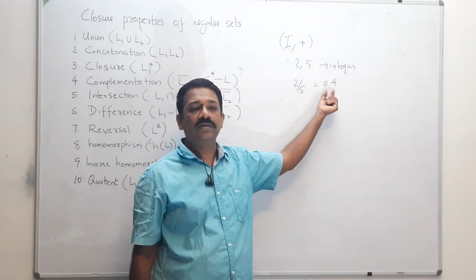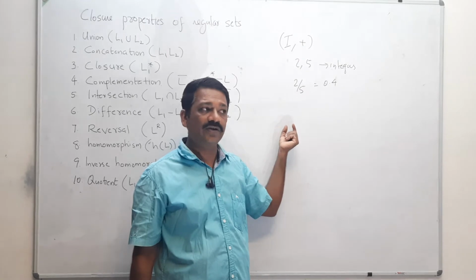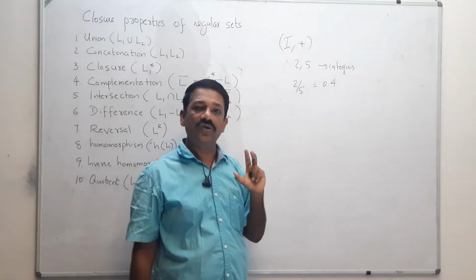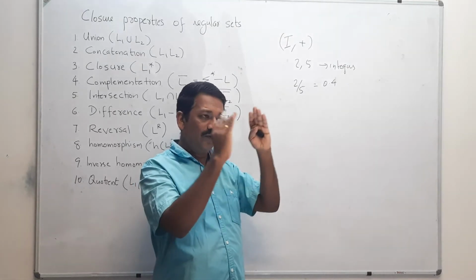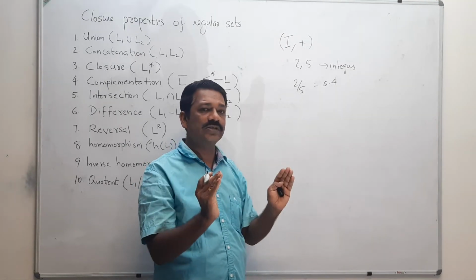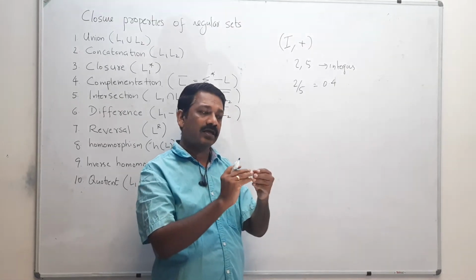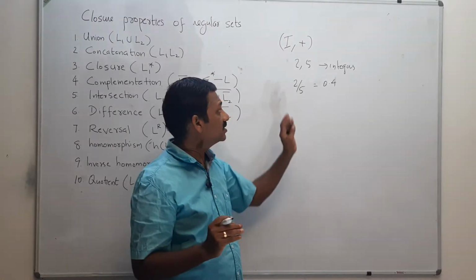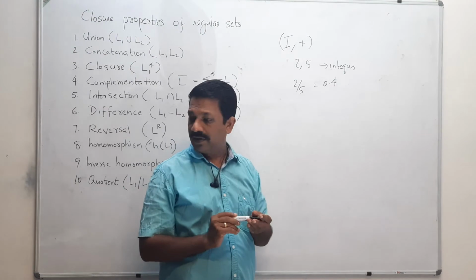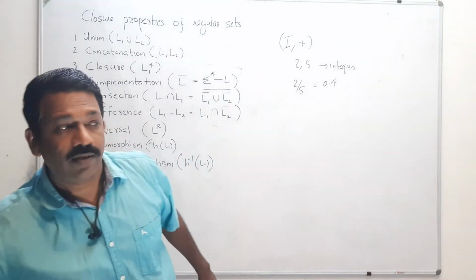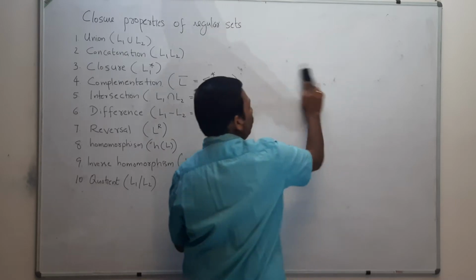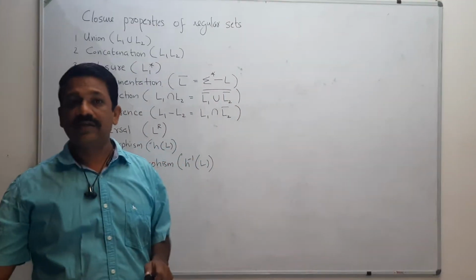That means the division operation under integers is not closed. That means if you have a set and you do some operation, and the result also belongs to that set, then it is closed. That is about closure.